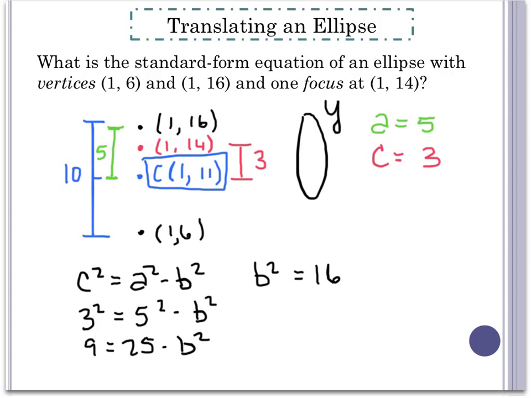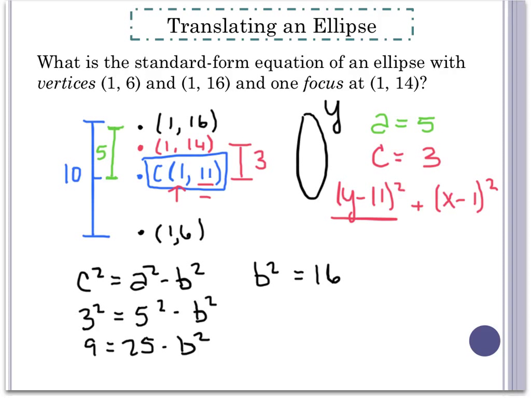So now writing our equation, we have to do y minus the y coordinate of our center, which is 11, squared, plus, since we have an ellipse, x minus the x coordinate of our center, 1.